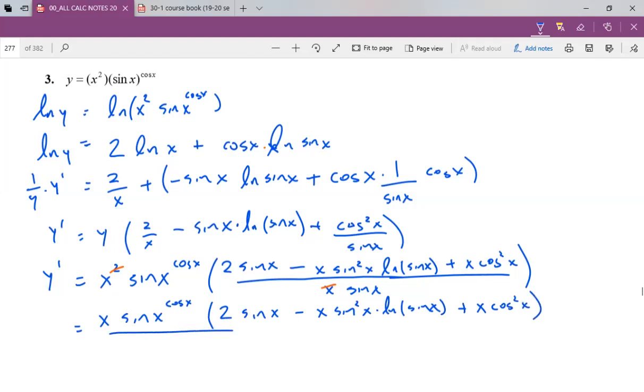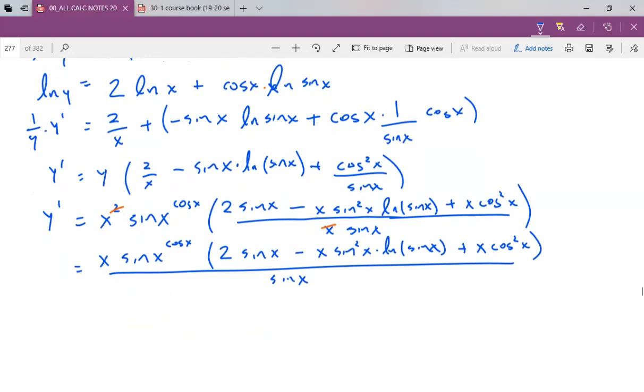All of this is divided by sine x. That's pretty much as far as we're going to go with that.